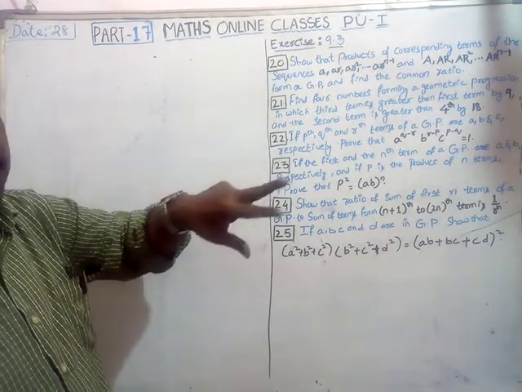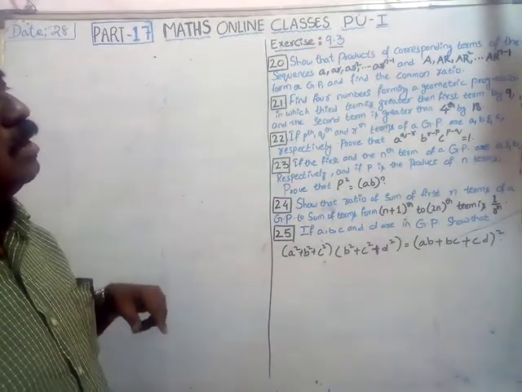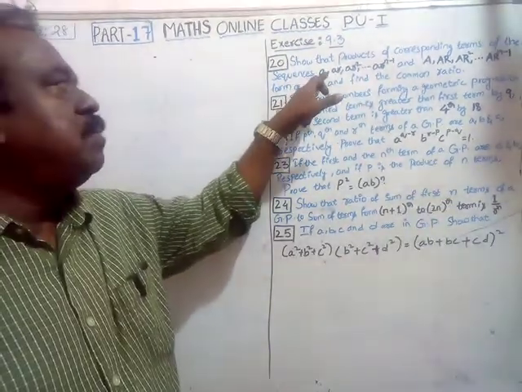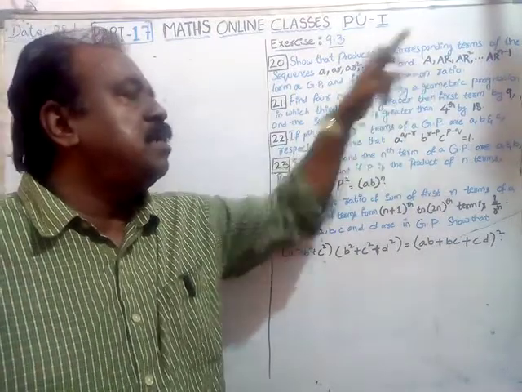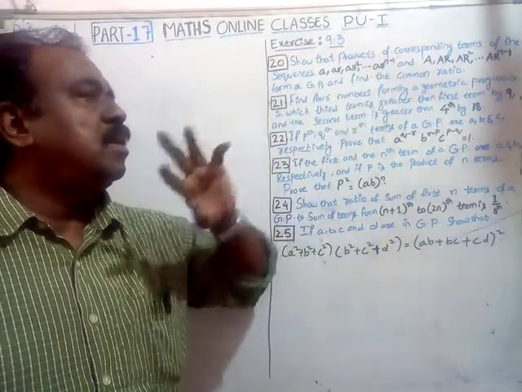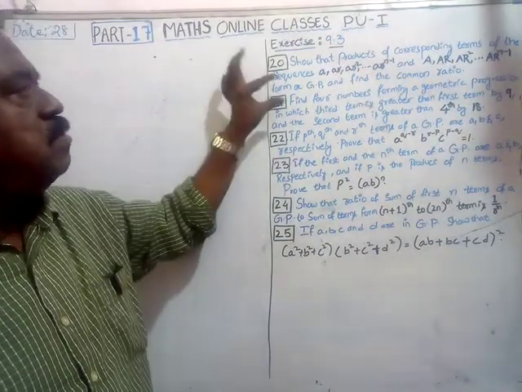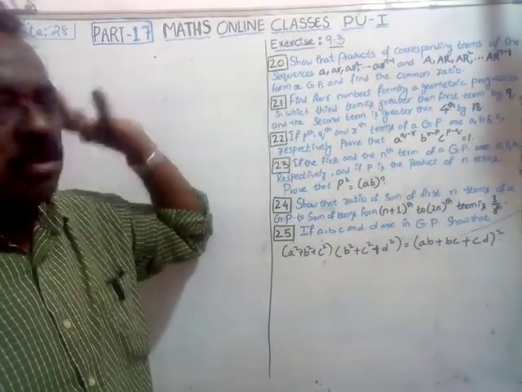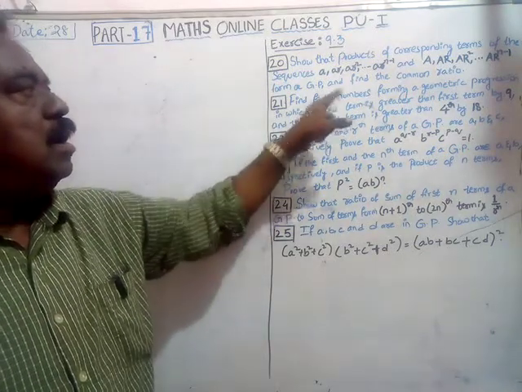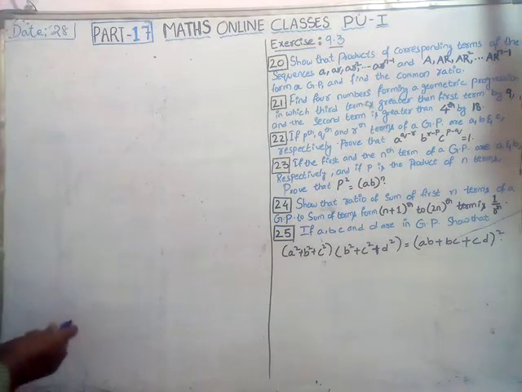Then the product of those corresponding terms, here small a first term, there capital A first term, A into capital A, AR into capital AR, like that. That sequence forms a GP. We have to show that, and also find the common ratio. First, we will observe.